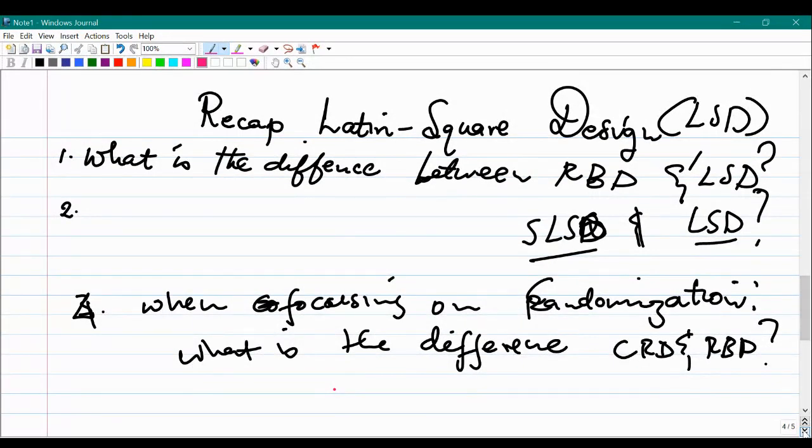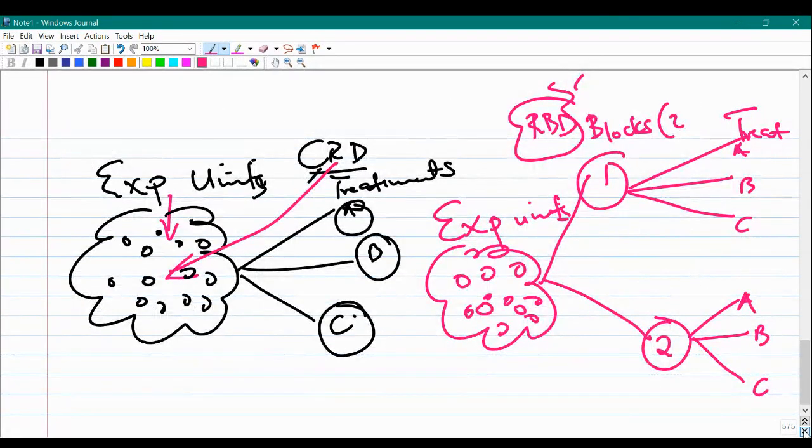Looking at the next page, for randomized block design, you have the experimental unit. Before you can apply randomization, you first introduce the blocks, isn't it? Before you can apply randomization, number one, you block.